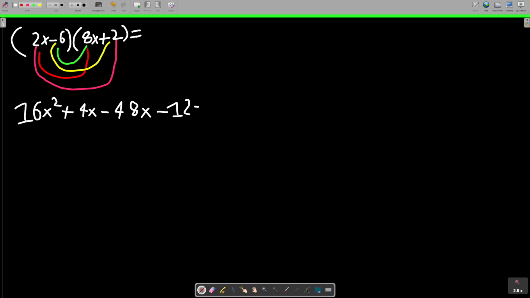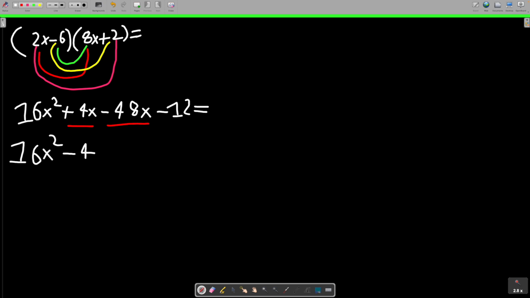Now, this is not the final answer. That's because we can add like terms, or subtract like terms rather, because we have positive 4x and negative 48x. So we can just combine those, and we can simplify the equation even further. So positive 4 minus 48 is negative 44.